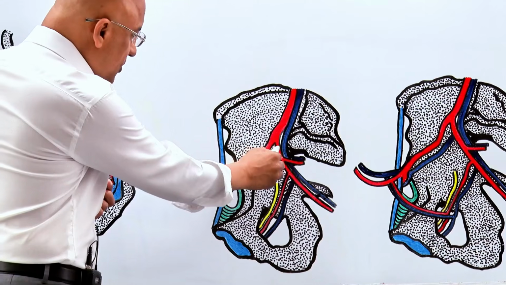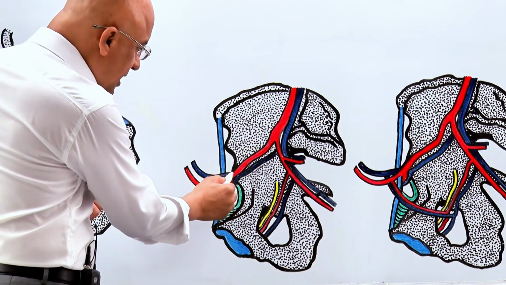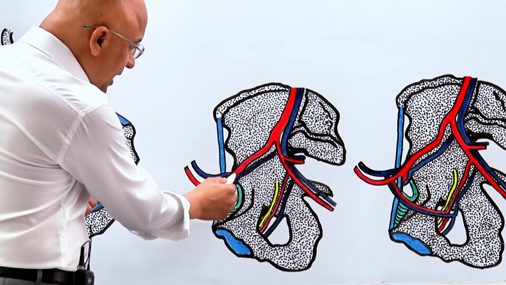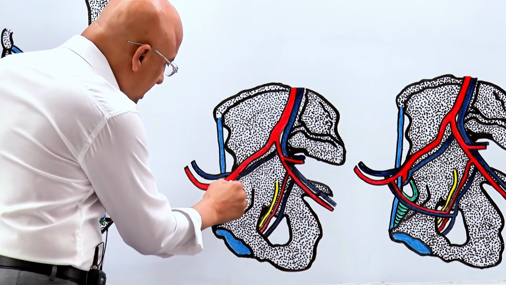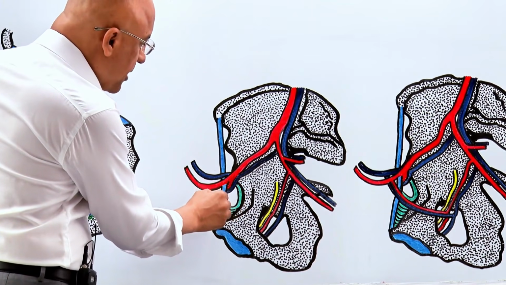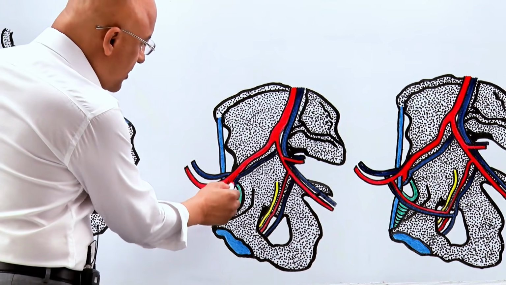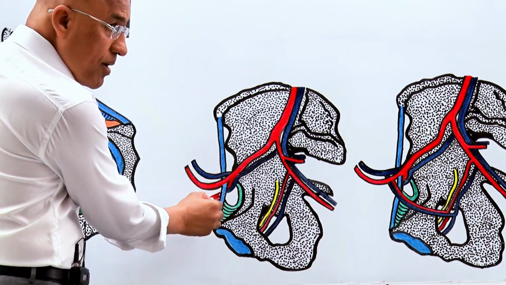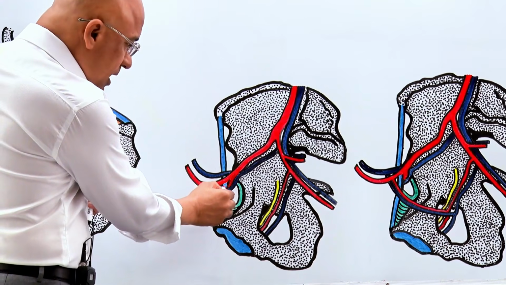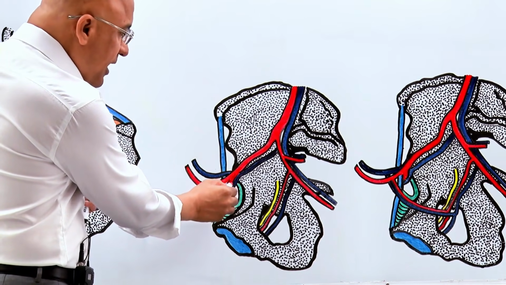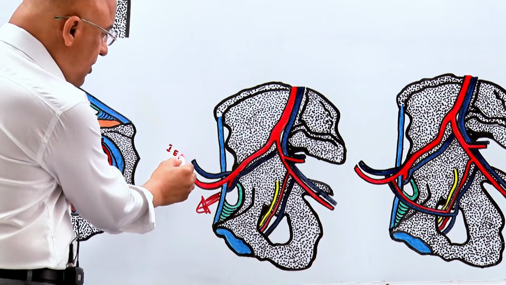Look, this is internal iliac, this is external iliac, here it is common iliac, and the external iliac continues under the inguinal ligament and becomes the femoral artery. But just before it passes under the inguinal ligament and becomes the femoral artery, the external iliac artery gives a branch, and this is the inferior epigastric artery.